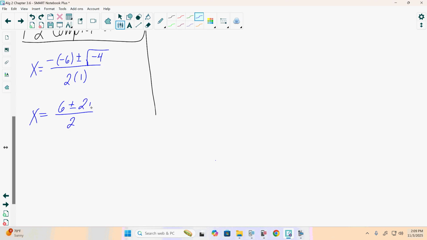Square root of negative 4 would be 2i. Because that number inside the radical was negative, the negative comes out as i, telling us that we have complex solutions. So if the discriminant is negative, we get complex solutions. Now this does reduce, telling us x is equal to 3 plus or minus i.